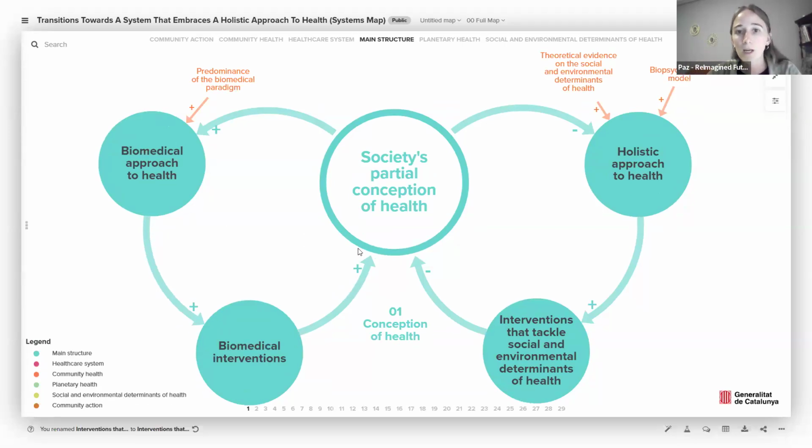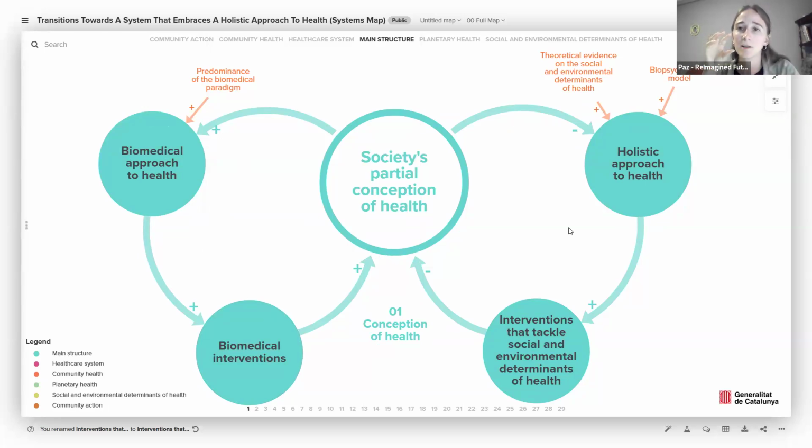And this reinforces society's partial conception of health. And this dynamic on the left hinders the development of a more holistic approach to health, one that could tackle the environmental and social determinants of health.